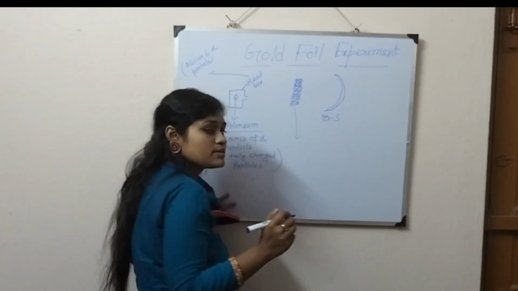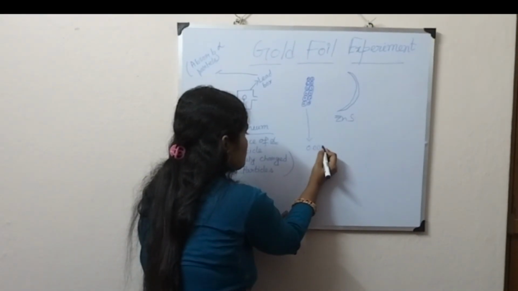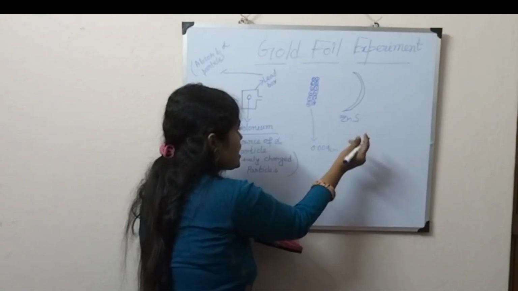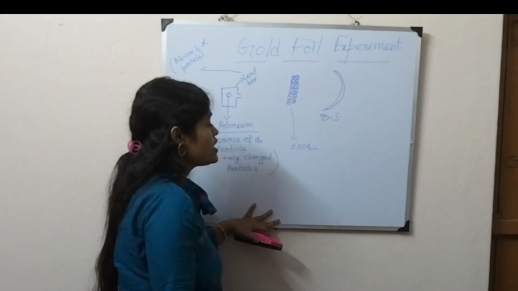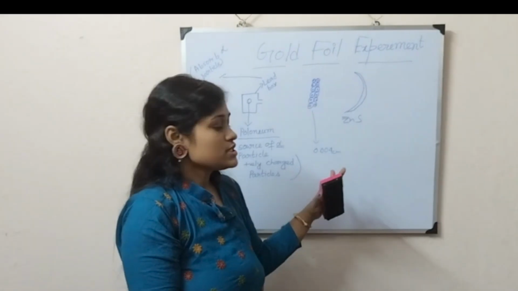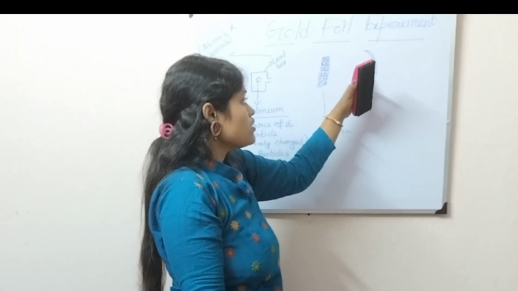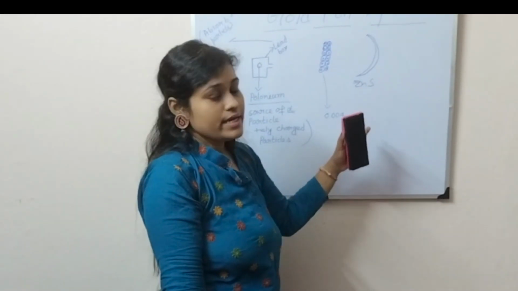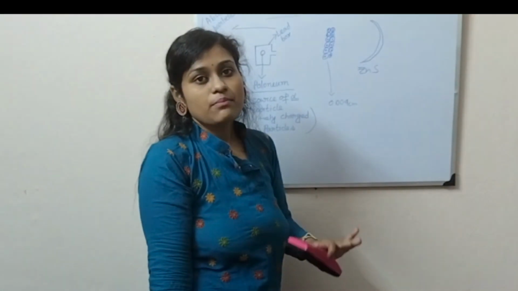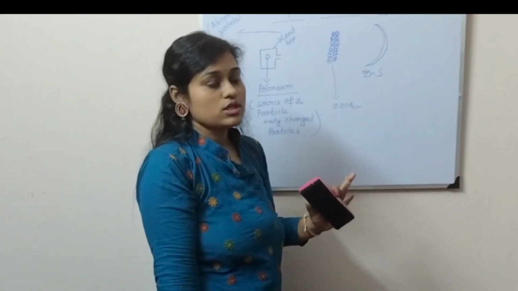The width of the gold foil sheet is 0.004 centimeter. And why did he use ZnS? Because ZnS is a fine substance. When any particle falls on the ZnS plate, it leaves a mark. Then after the experiment we can study the marks.